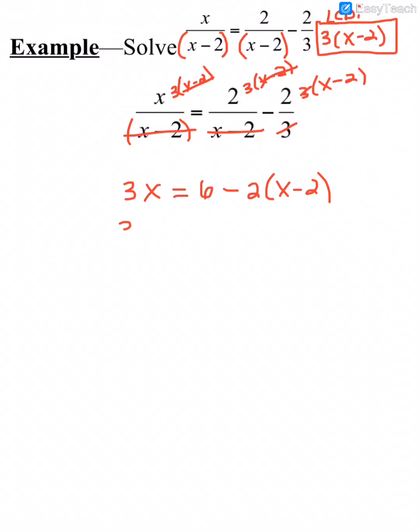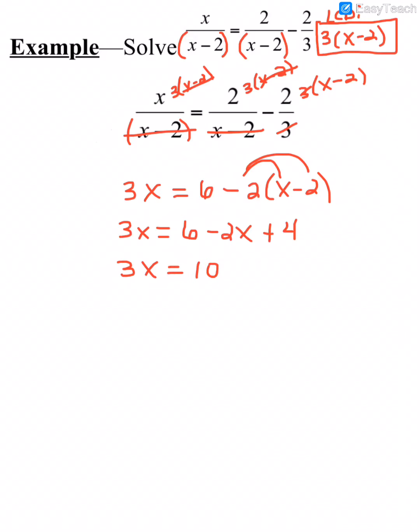I need to distribute that negative 2 into the parentheses, so that gives me a negative 2x, a negative times negative, that would be plus 4. Okay, so if I combine my like terms, 6 plus 4, that's 10, minus 2x. Okay, so then I'm going to add 2x to both sides.